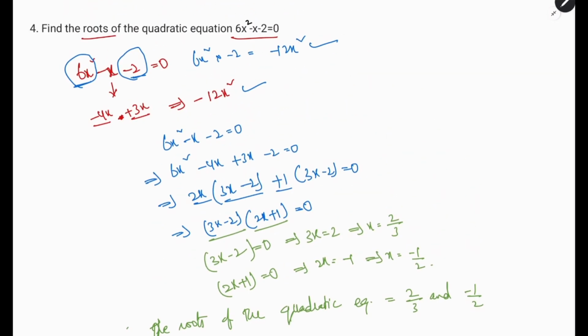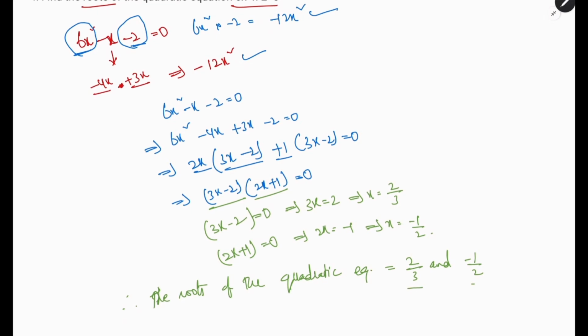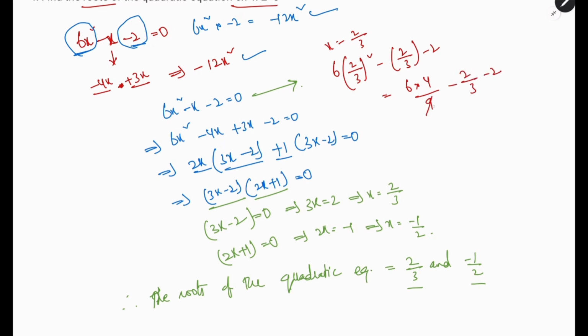Here we can verify if these two roots are correct or wrong by substituting in this equation. Let us verify. If we take x equal to 2 by 3, 6 into 2 by 3 whole square minus 2 by 3 minus 2. 6 into 4 by 9, that is 8 by 3, minus 2 by 3 minus 2.